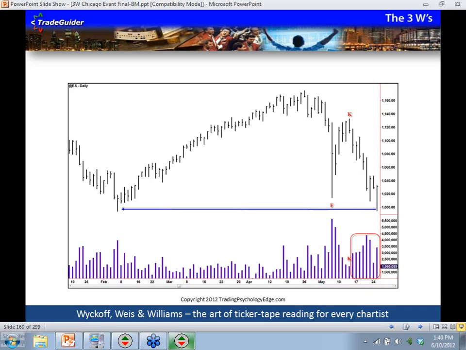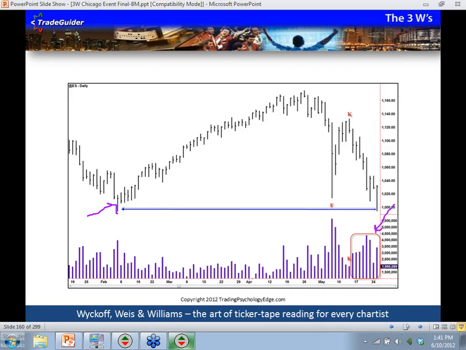And then we start to see the volume build up in here. Most people will know that it did take some time to absorb through this supply. But is it any surprise that we come back down to a support level? Not really.